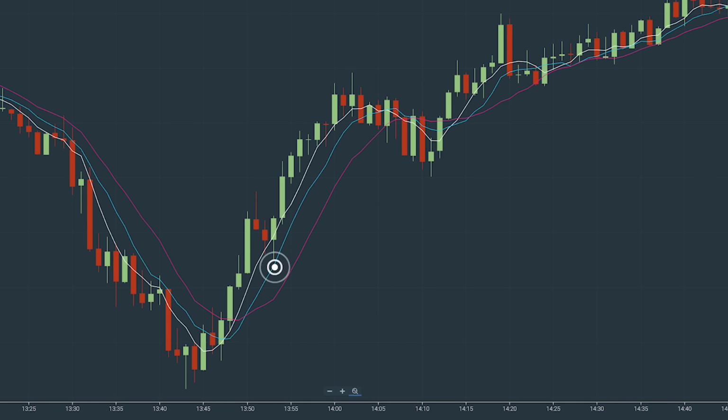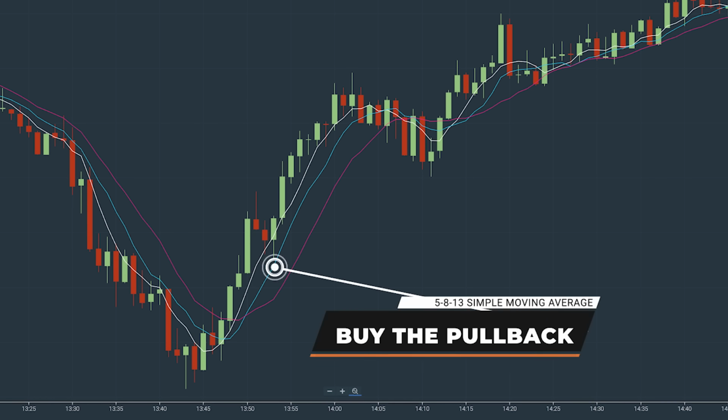And when the price pulls back to the 8 or 13-day SMA line, that indicates a good entry point, and we can put our stop loss just under the 13-day pink SMA line. Now, in order not to get stopped out, check the previous levels of support and draw in your lines in order to make a more informed decision as to exactly where to place the stop.